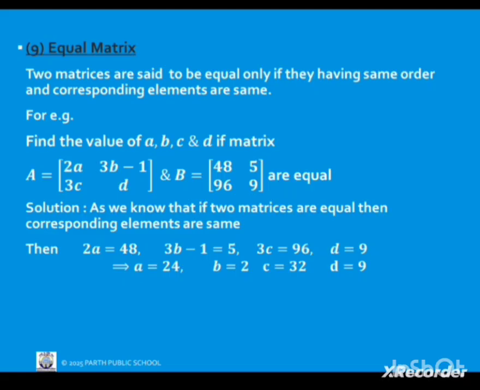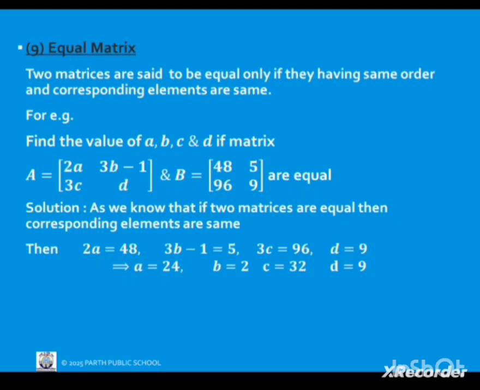Now equal matrices are those in which, टू मैट्रिक्स को हम इक्वल कब कह सकते हैं, हम कंपेयर कब कर सकते हैं, if they have same order. अगर उनका ऑर्डर सेम होगा then we can say that corresponding elements should be same. First one is order will be same, second one is corresponding elements. अब कोरोस्पॉन्डिंग एलिमेंट का मीनिंग क्या है? फर्स्ट रो फर्स्ट एलिमेंट ऑफ मैट्रिक्स A और फर्स्ट रो फर्स्ट एलिमेंट ऑफ मैट्रिक्स B. अगर हम दोनों कंपेयर करेंगे और ये इक्वल हैं तो इनके एलिमेंट्स क्या होने चाहिए? सेम. Then we can say that they are equal matrices.